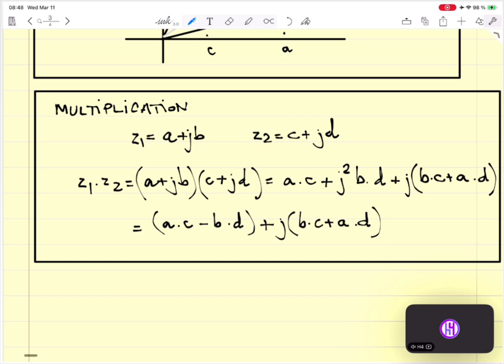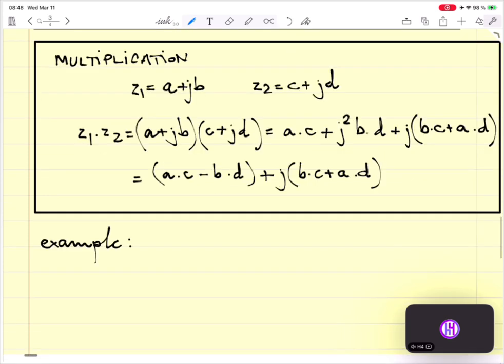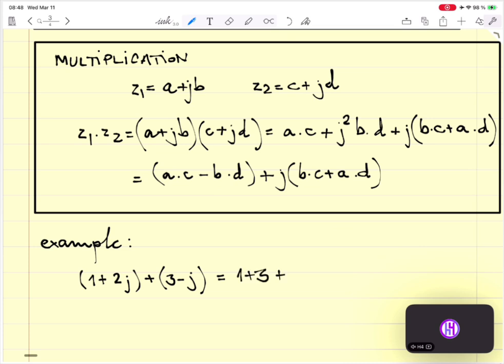So, example. One plus 2 times j plus 3 minus j equals 1 plus 3 plus 2 minus 1 times j equals 4 plus j.